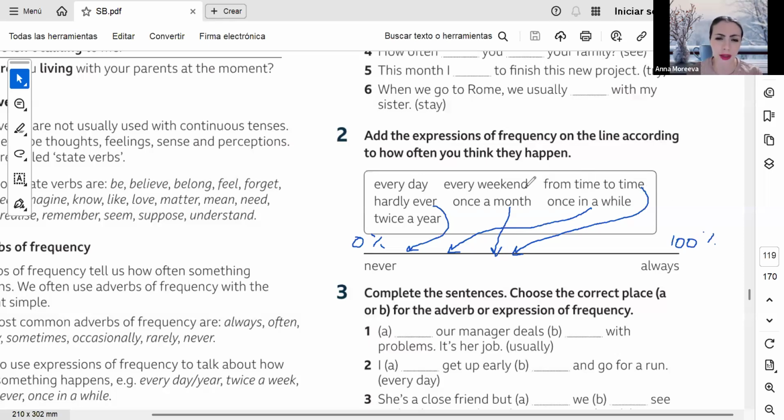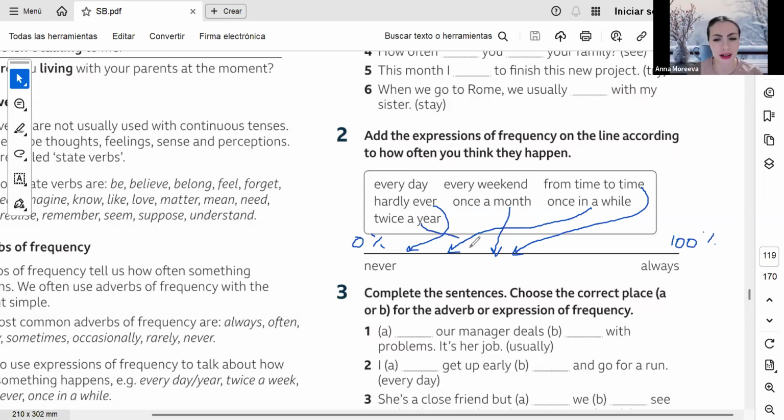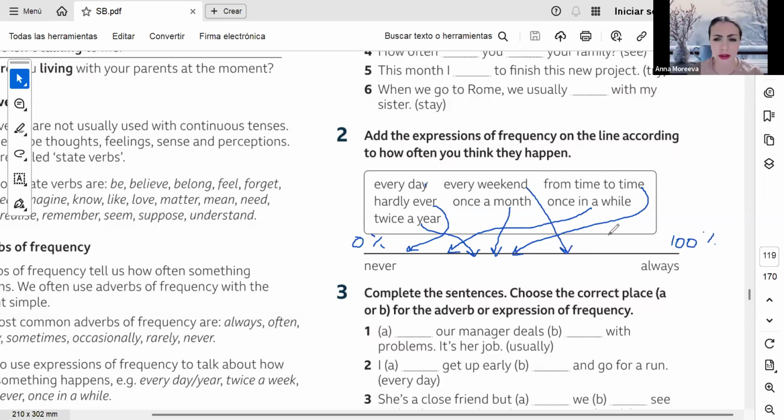Then from time to time after. We have also twice a year. So it's never, hardly ever, once in a while, twice a year, once a month, from time to time, every weekend, every day, and always.